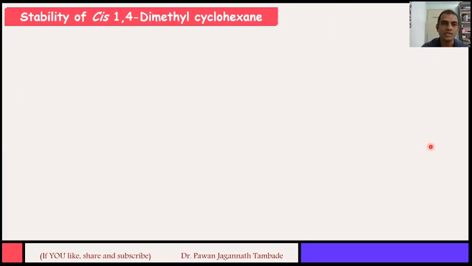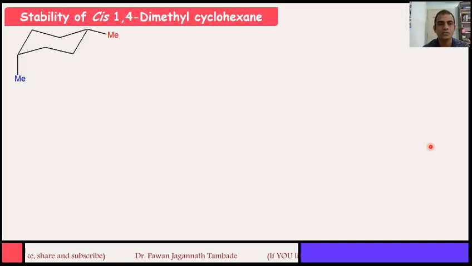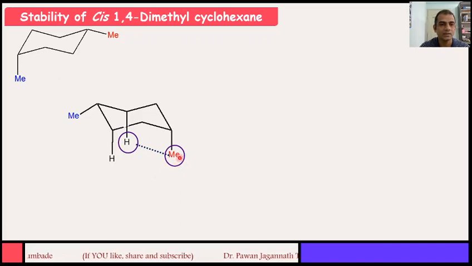Now we will explore stability of this cis 1,4-dimethyl cyclohexane. So this is the structure of cis 1,4-dimethyl cyclohexane. If the ring flips also, then one of the methyl groups is always at axial position and the other is at equatorial position. So in this cis 1,4-dimethyl cyclohexane, the methyl group present at axial position will show axial interaction with the hydrogen present on the relatively third carbon.